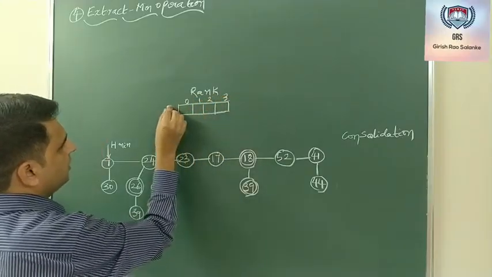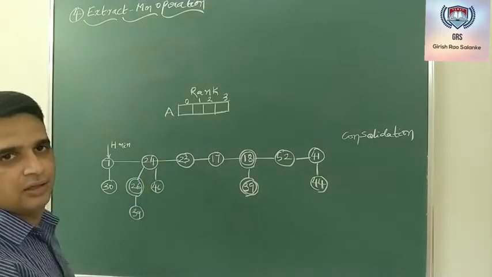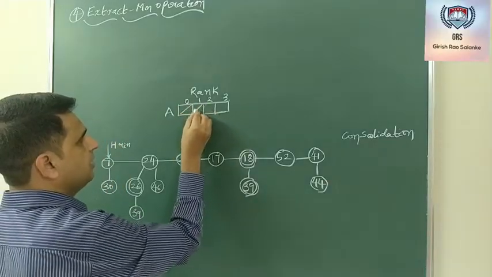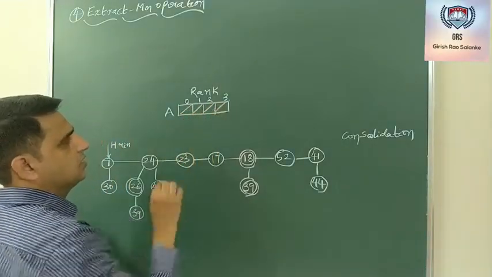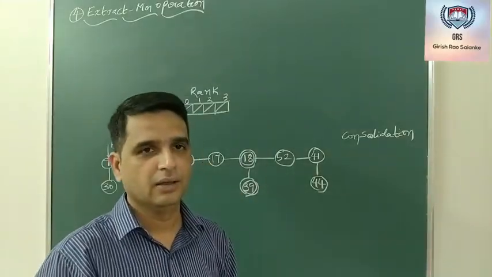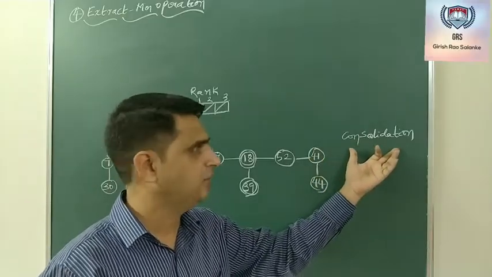Let me call this array either rank, or, as in Cormen, a variable by name A. Initially null is assigned to all the locations; all the locations of A are initialized to null. Now what is the objective of consolidation?